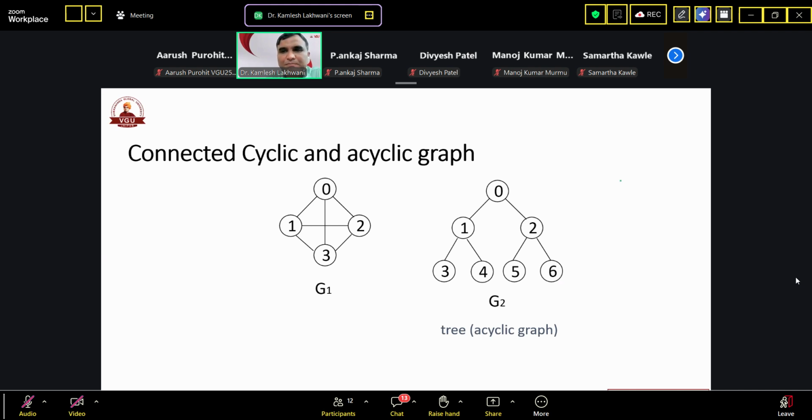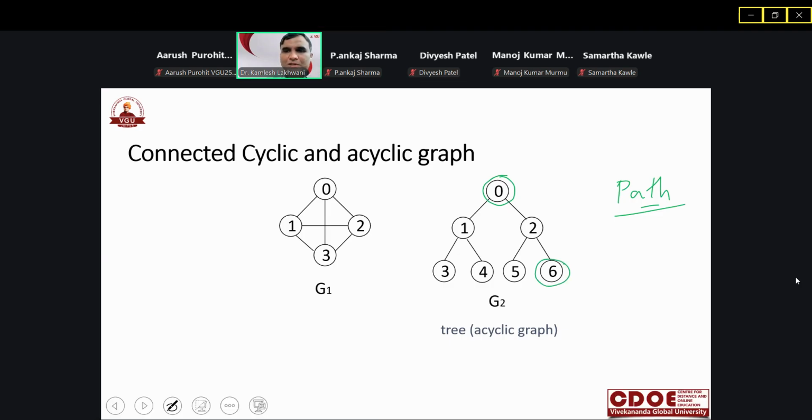So what do we mean by path? Try to understand path. I want to start from 0 and reach 6. So if I start from 0 and want to reach 6, I have to travel a path like 0 to 2 and 2 to 6.